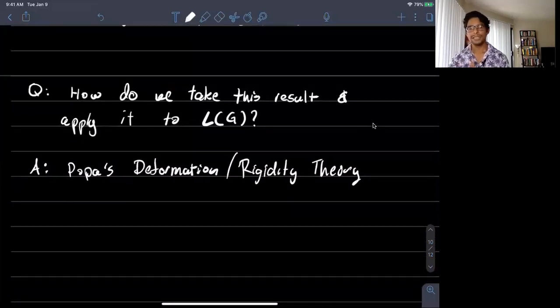Popa's deformation rigidity theory is this whole framework that allows you to import various pieces of cohomological data into this whole language of von Neumann algebras. And the subtlety is that it's really an art. You have to take things on a case-by-case basis, see if you can build what we call an s-malleable deformation out of it, and use that to extract certain structural properties of the von Neumann algebra.